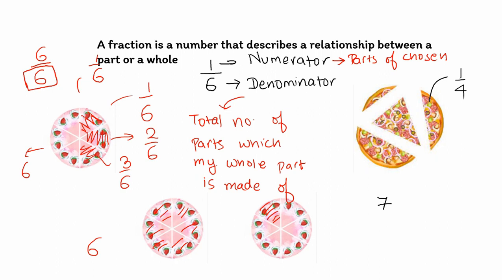Okay, if the answer coming to you is 7/12, you are wrong. Okay, why? Because here you have chosen the denominator as 12, which means 6 plus 6 is 12, and this won't be the answer. Okay, what would it be? My whole is now made of 6 parts, so it would be 7 by 6.